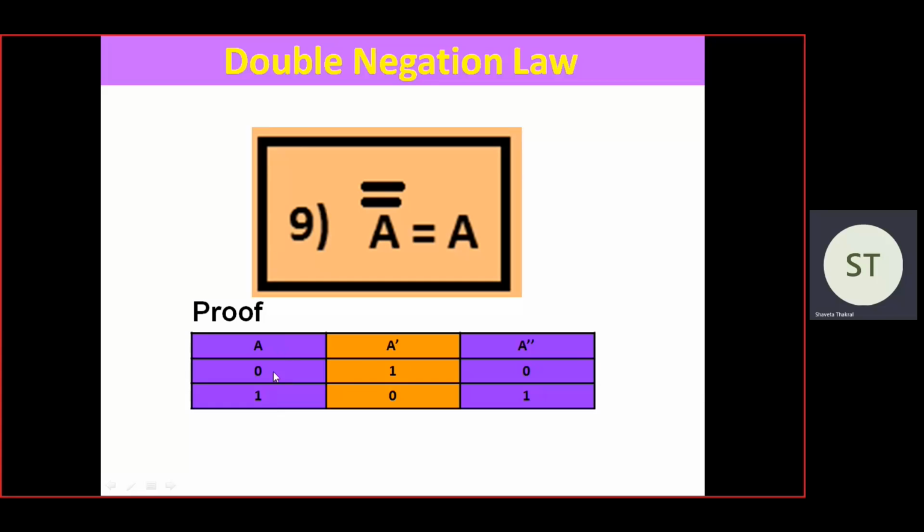If A is 0, A complement will be 1, and if A is 1, A complement will be 0. Now we can take the complement again. 1 complement will be 0 and 0 complement will be 1. Now we can check that A complement of the complement is the same as A. So in this way we can verify this double negation law.